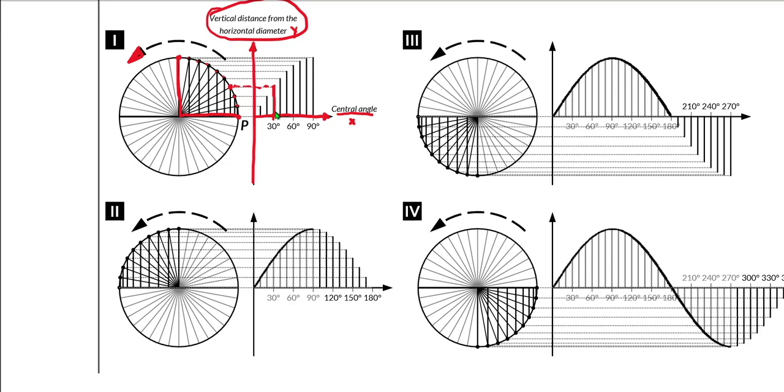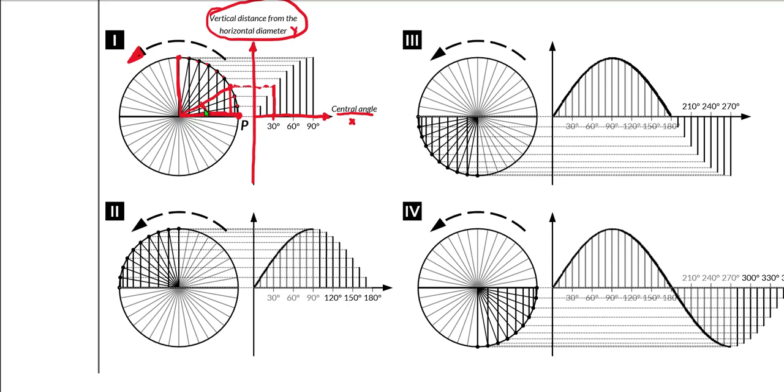The height there at 30 degrees corresponds to the height of point P above this horizontal diameter of the circle when the central angle is 30 degrees, that central angle being made up of this radius and the horizontal radius that P lies at the end of there.